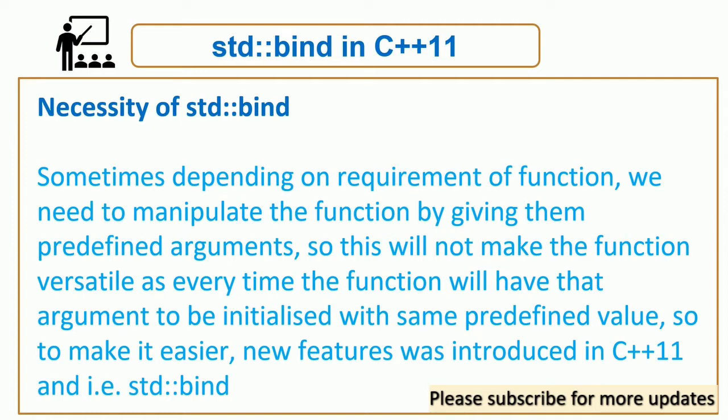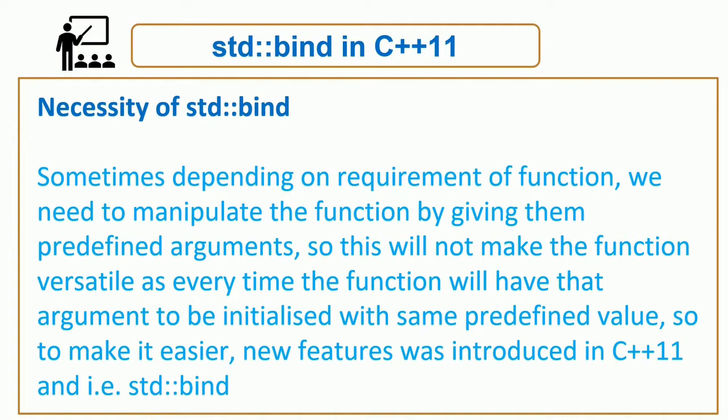So how will you do it? To have the versatility of your function, so that you can manipulate it anytime there is a change in the requirement of your output, this feature came. Which feature? std::bind. This feature gives you the versatility. You can manipulate your function.